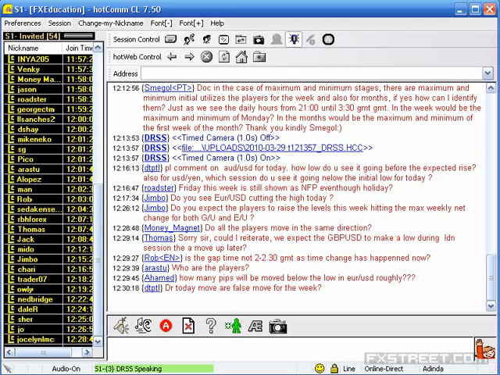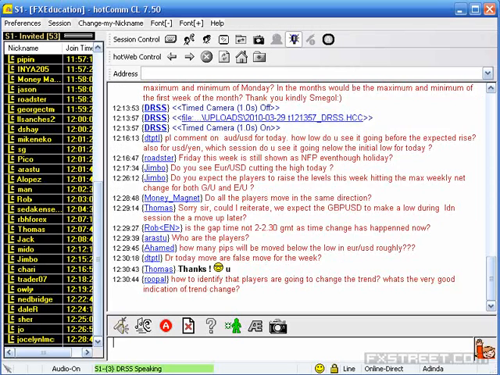Okay. Then Thomas, could I reiterate, we expect GBP to make a low during the initial session, then move up later? Yes, during the late Japanese session and the start of the European session, there could be a downward move. Isn't the gap time 2 to 2:30 GMT? The time has already passed now.